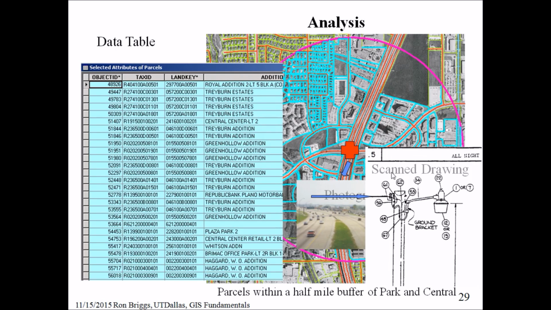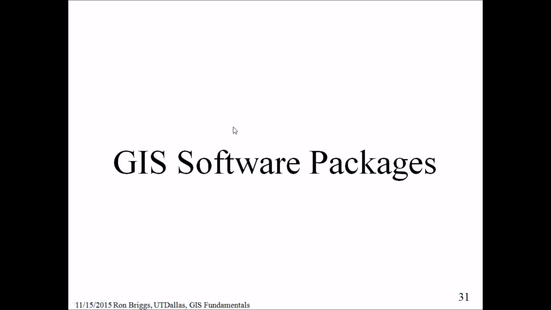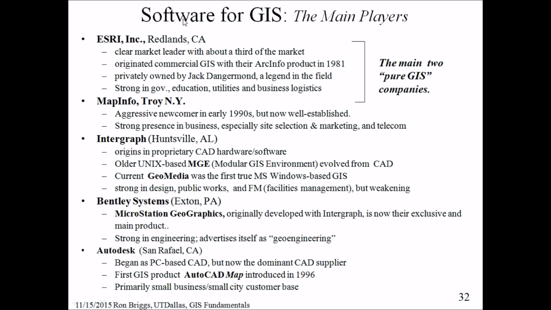This is a scanned drawing, also available. So how we make a vector layer, how we make attribute tables, and how we have raster layers, all of these are available in your GIS, that is Geographic Information System, which is essentially a type of software.